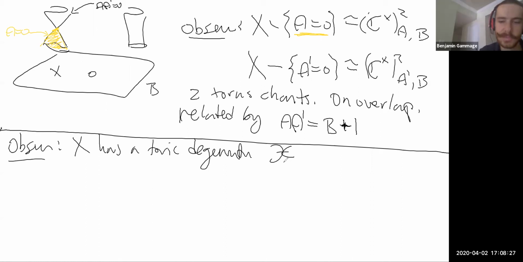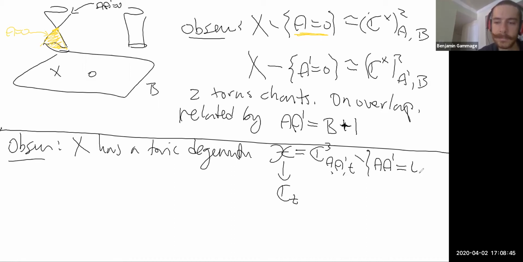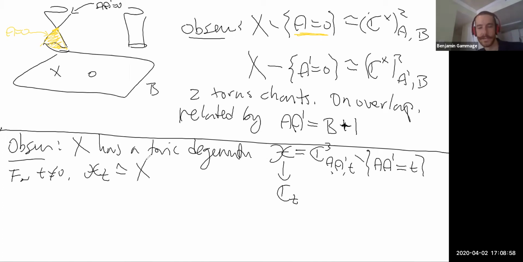I'll call this script X over C[T], and I'll call this script X. This is C3 in variables A prime, T, with x minus A prime equal to T. For T not equal to 0, X_T is just equal to my X from before, up to a rescaling of my coordinates.